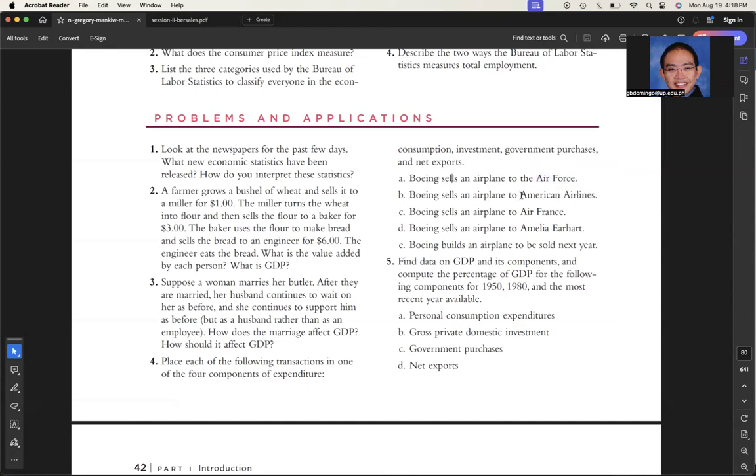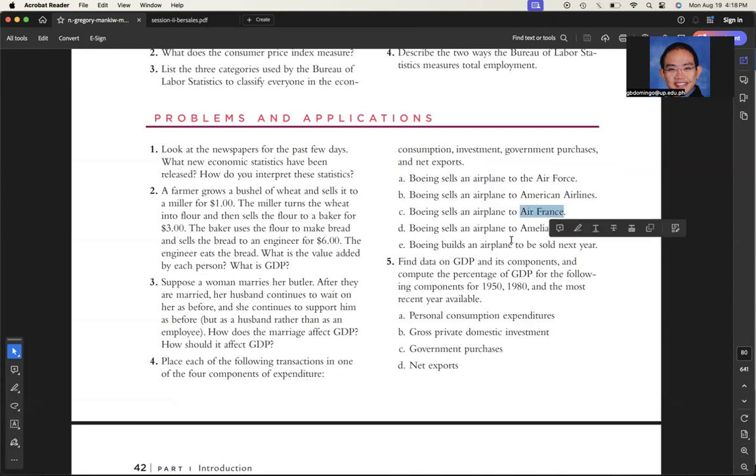When Boeing sells an airplane to American Airlines, a business that sells flights, from the perspective of American Airlines, this is investment. This is capital that they use to produce flights. So this is an increase in investment. Next, Boeing sells an airplane to Air France.